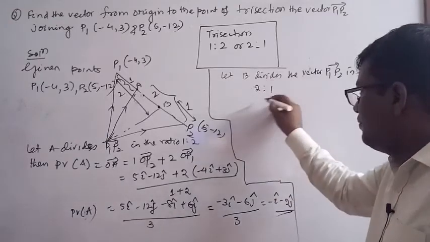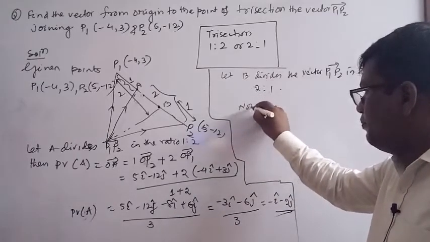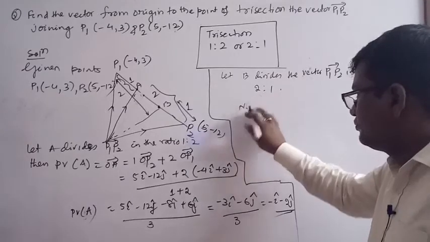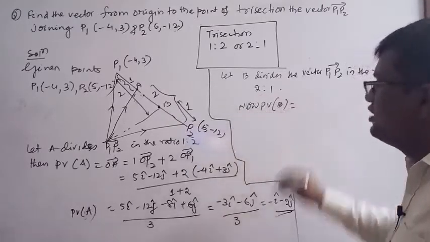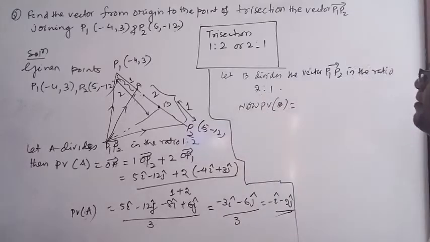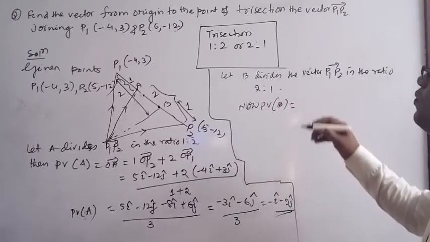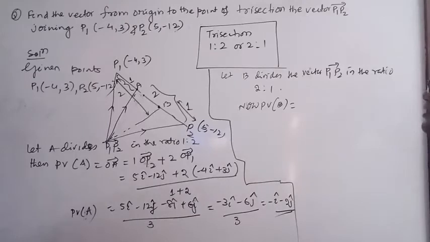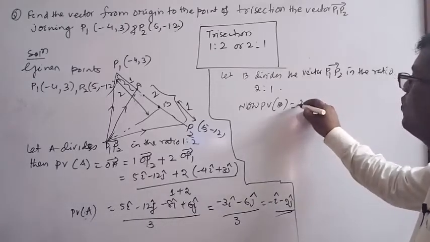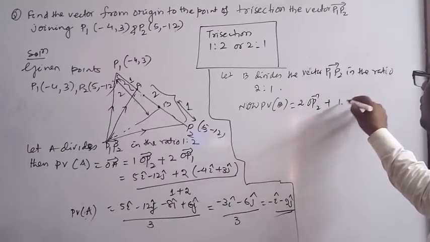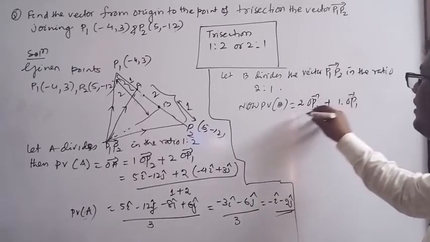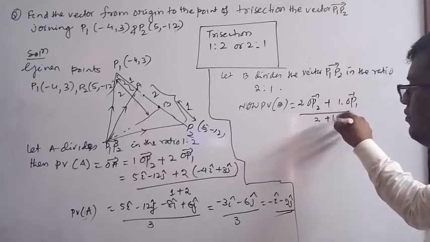Now the position vector of B is equal to 2 into OP2 vector plus 1 into OP1 vector, by 2 plus 1.